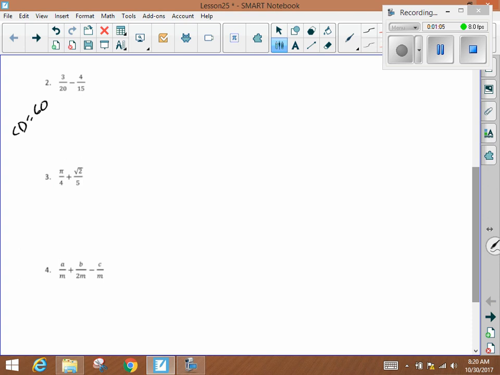And in order to get 20 to be 60, I have to multiply that by 3, right? So I wind up with 3 over 3 times 3 over 20. And in order to get the 15 here in this denominator to be 60, I need to multiply it by 4. So I'm going to multiply it by 4 over 4 times 4/15.